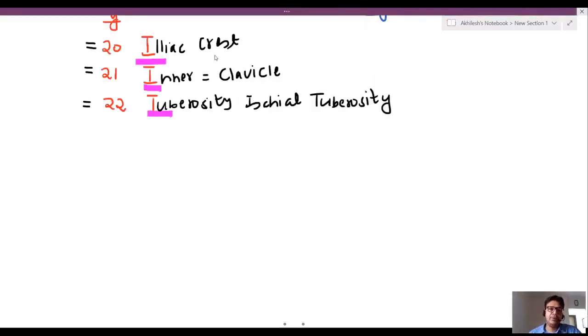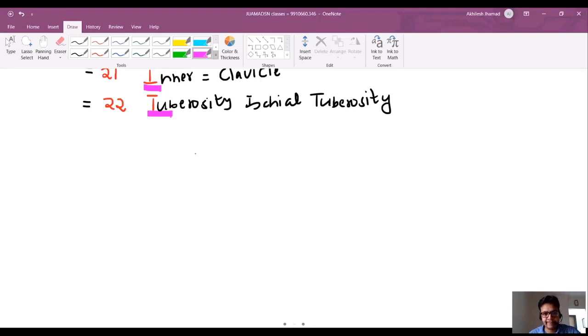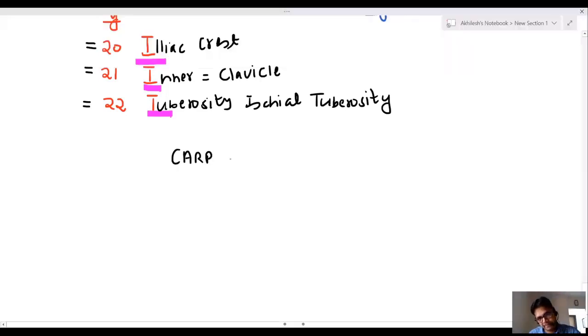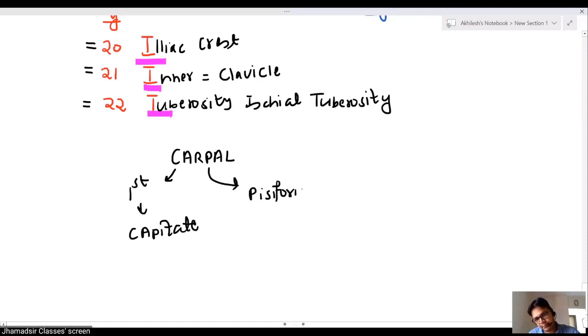Now in carpal bones, the first carpal bone that fuses is capitate, and the last carpal bone that fuses is pisiform, fusion at 12 years.